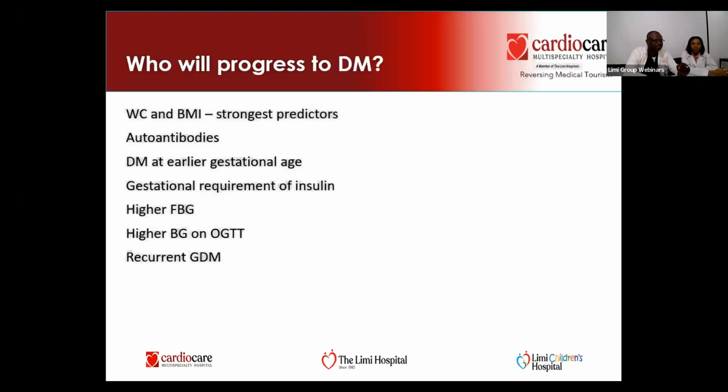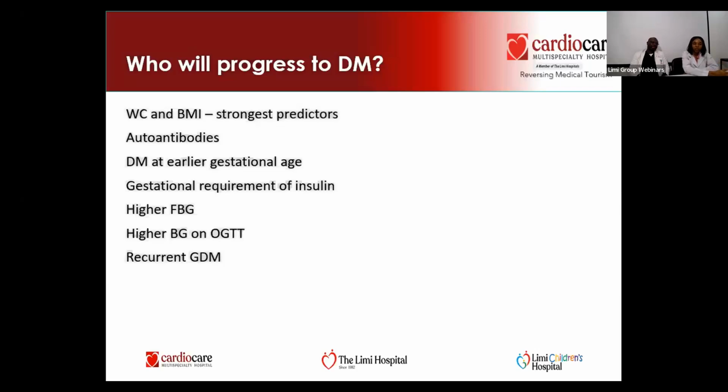So who will progress to DM? Who are those that will end up still having full-blown type 2 DM even after pregnancy? We have the autoantibodies, and we have the BMI as well as the strongest predictors. Then the waist circumference. We have the diagnosis of GDM at an earlier gestational age, earlier than 24 weeks or just around then.